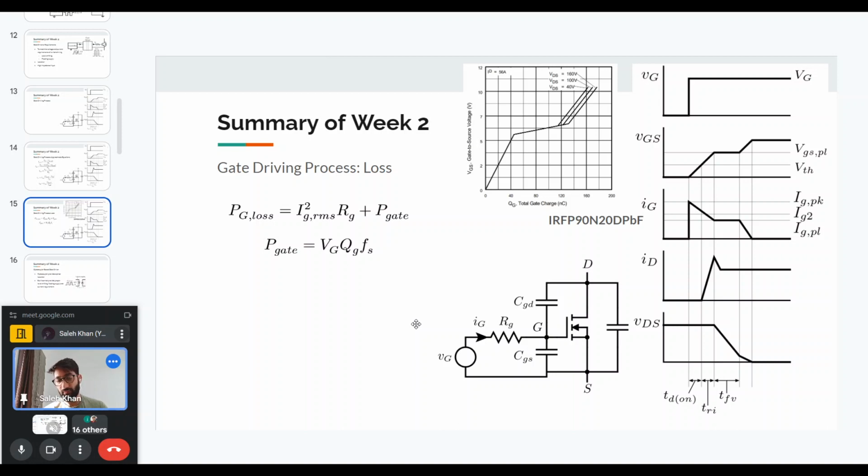You will not have any problems, and that will not take away much from the duty, because during the dead time only the diodes will conduct, and diodes usually have more forward voltage drop than the MOSFET. That is why we don't want the dead time to be too much. But yes, 1.5 times is a good starting point.